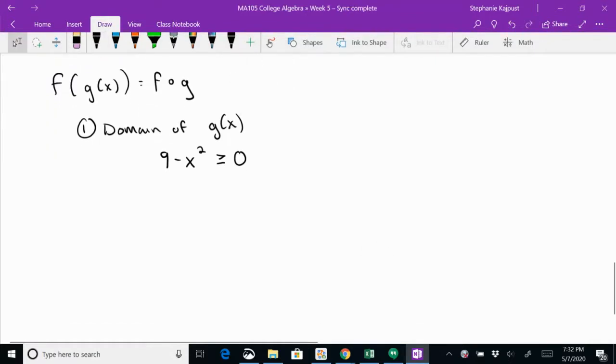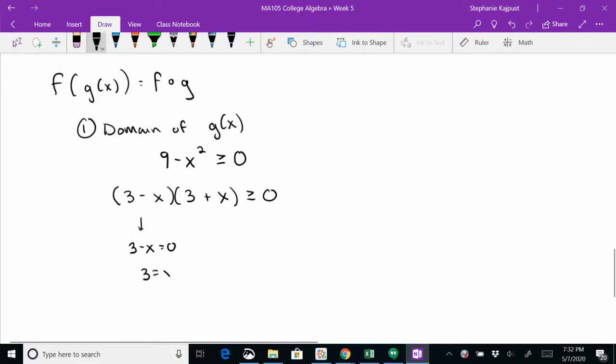Now this actually comes back to the polynomial inequalities. This factors, so I'm going to write the factored form: we have 3 minus x and 3 plus x. If you want to know where it's equal to 0, you set each of those equal to 0.